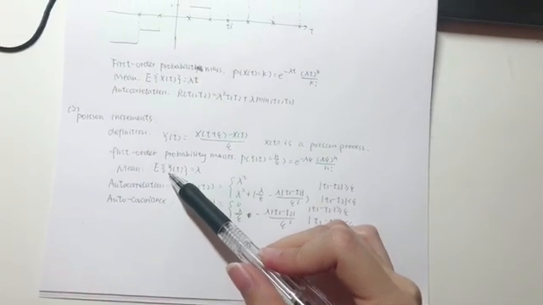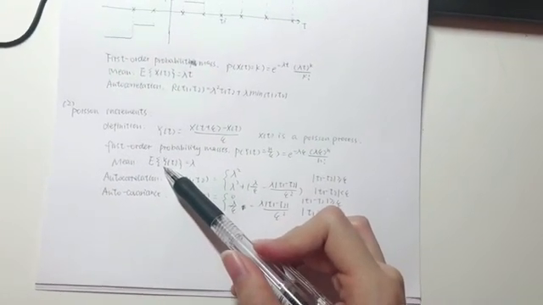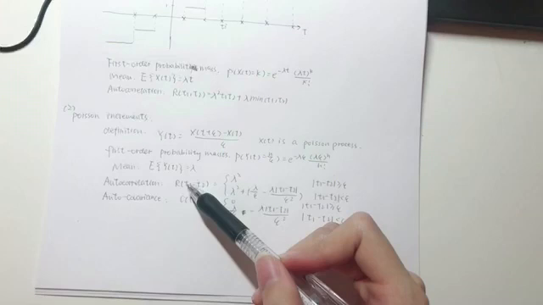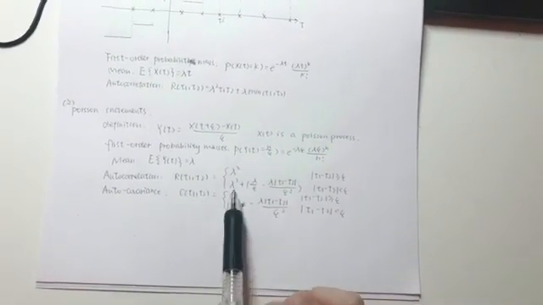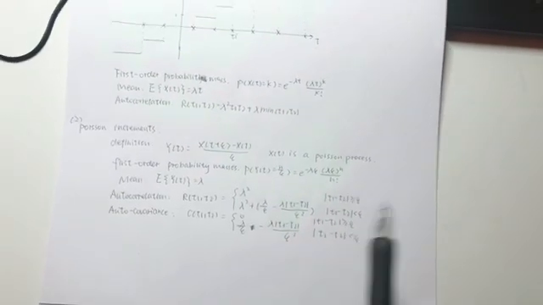The expectation of the Poisson increment is lambda, and the autocorrelation and autocovariance are shown as these expressions.